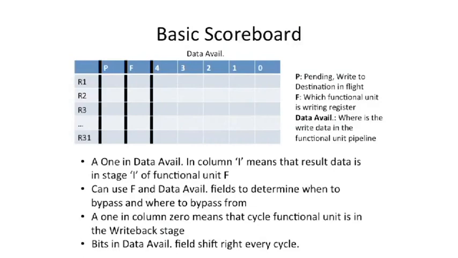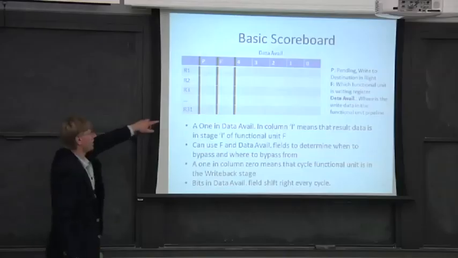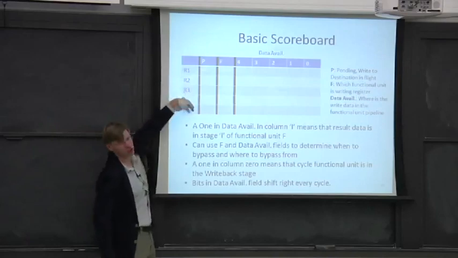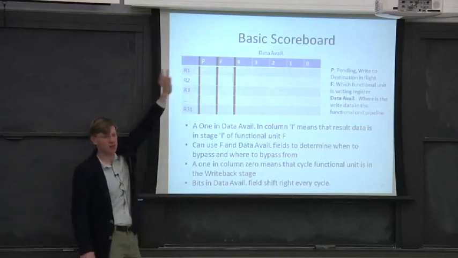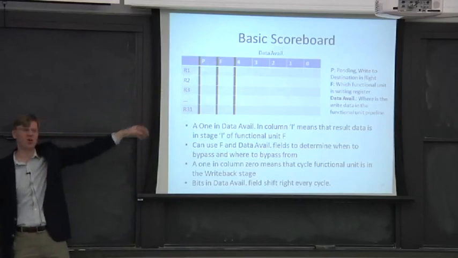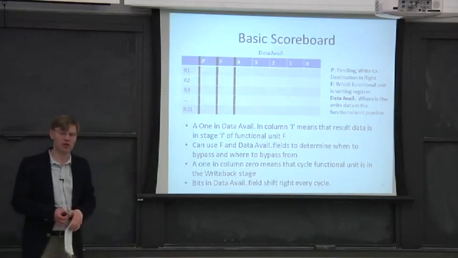So let's look at a scoreboard. Here's our basic scoreboard. This is for a long multiply pipe, the pipe we just saw. And we're going to keep track per real register. R0 in MIPS is a dead register, a register which has no dependencies going through it, so we're not really going to talk about that.